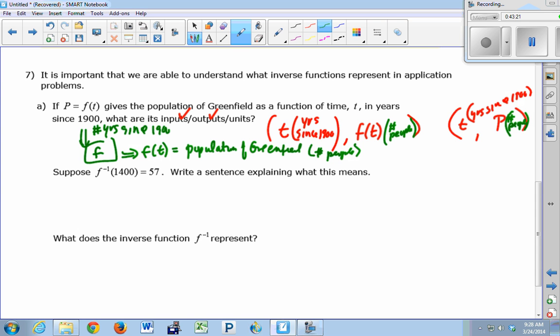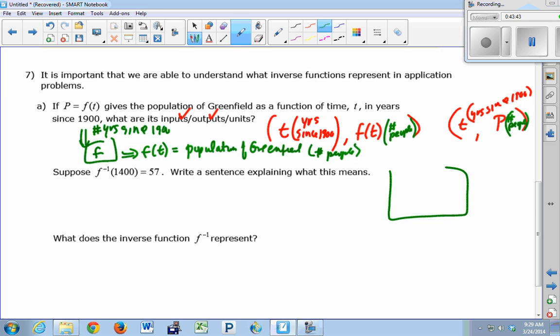Okay? So now it says, suppose we have this inverse function, f inverse of 1400 equals 57, and we're trying to figure out what this means. One thing is you can just look at your original definition of input and output, or you can look at your idea of your function machines.